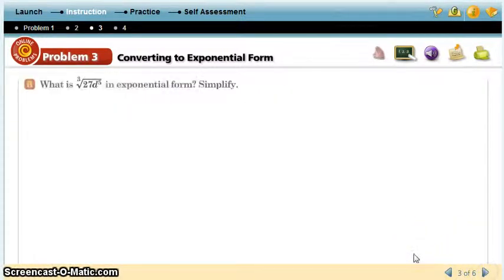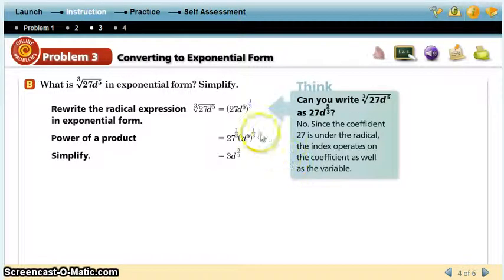When you look at this example, this one's a little more difficult. D is what has the exponent here and not the 27. 27 actually has an exponent of 1. It's understood to be 1. So when you rewrite this, what they did is they took all of this in parentheses and gave it an exponent of 1, which is where the 1/3 came from.